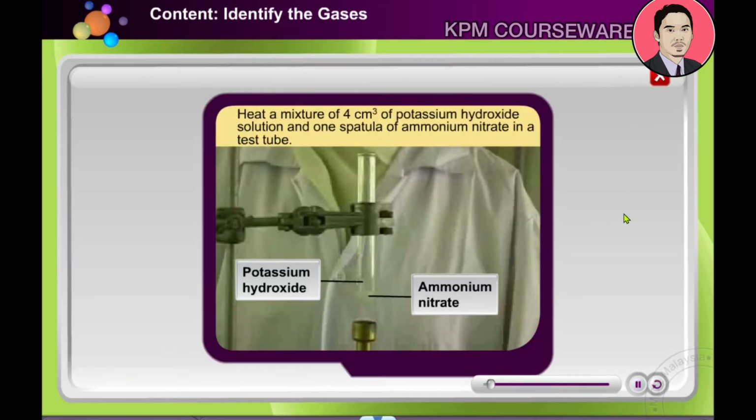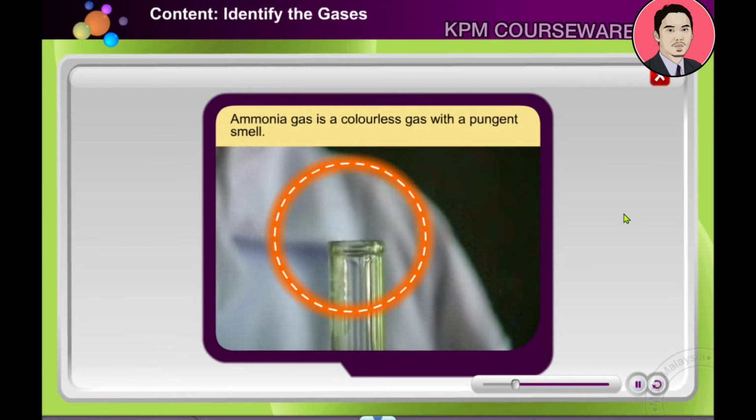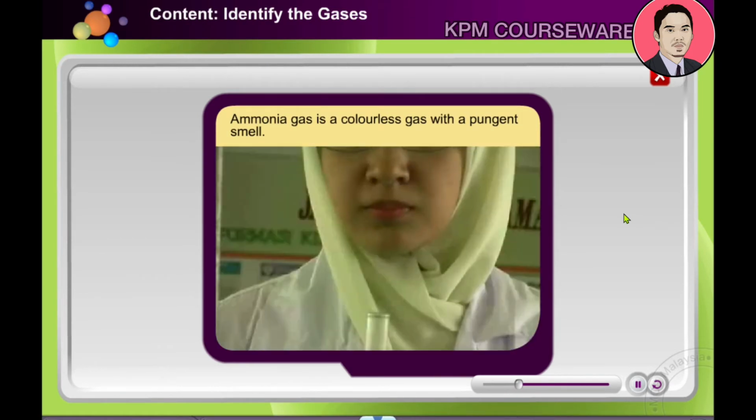Heat a mixture of 4 cubic centimeters of potassium hydroxide solution and 1 spatula of ammonium nitrate in a test tube. When heated, potassium hydroxide solution reacts with ammonium nitrate. Ammonia gas, which is a colorless gas with a pungent smell, is liberated.